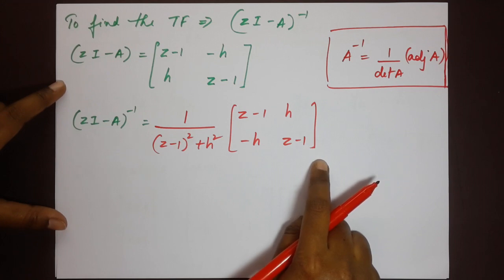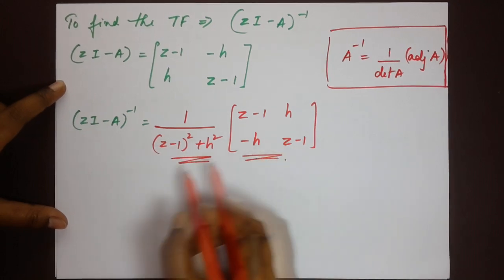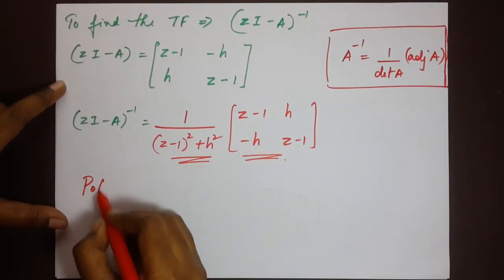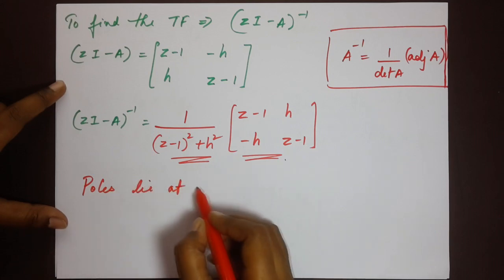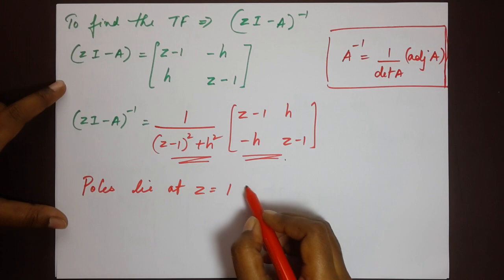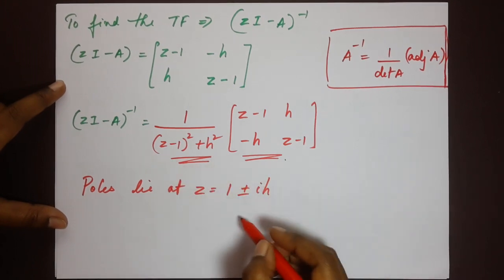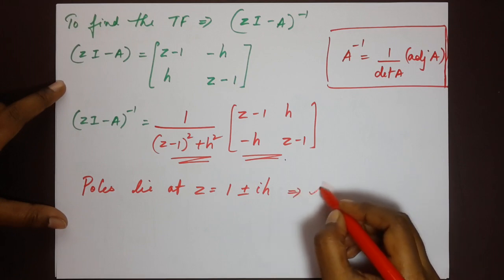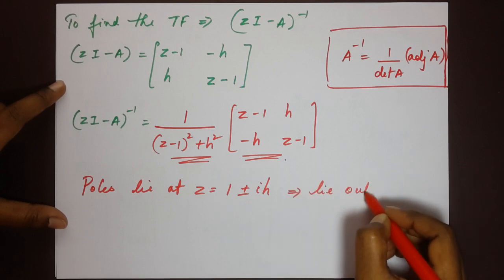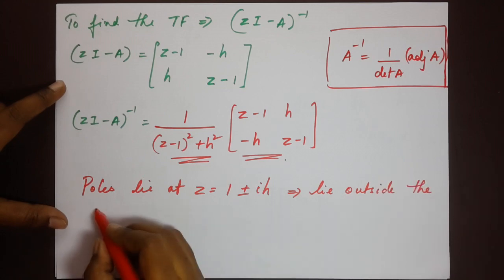Now if we observe this, we look at the determinant and the matrix here. The poles lie at z is equal to 1 plus or minus ih. So 1 plus or minus ih indicates that the poles lie outside the unit circle.